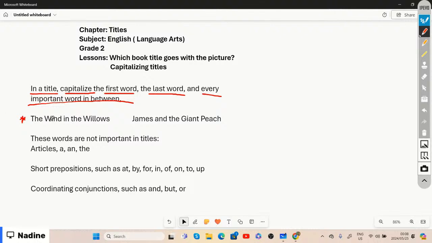And we said that we write the first word in capital letters, we write the last word in capital letters, and every other word in between that is important, which is Wind. In the Willows is not that important.